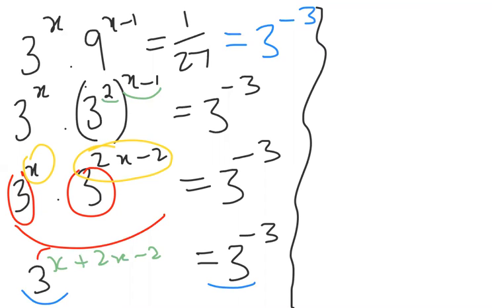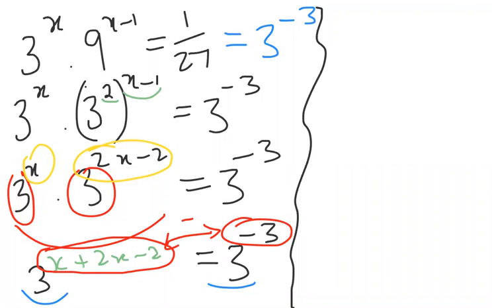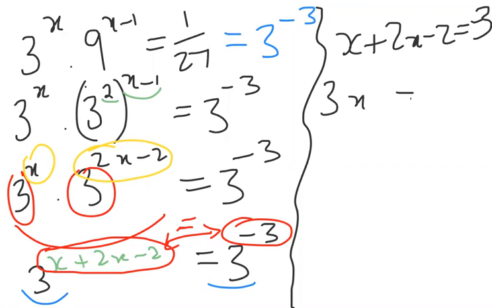And now we have this on top, that power. So they literally now just equal each other. And now it's just basic previous grade maths, where you're going to say on the left, x plus 2x minus 2 equals minus 3. So that's 3x equals minus 1. That means x equals minus 1 over 3.